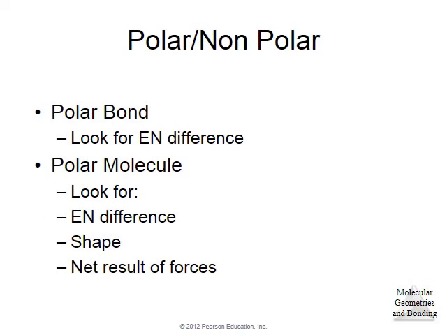Now we are going to talk about polar bonds and polarity of molecules. How do I determine a polar bond? If there is an electronegativity difference between two bonded atoms, then that bond is going to be a polar bond. Let me show you a simple example of that. Say I'm looking at a carbon-chlorine bond.